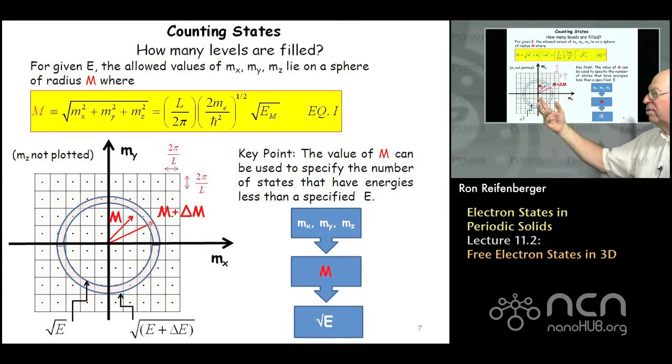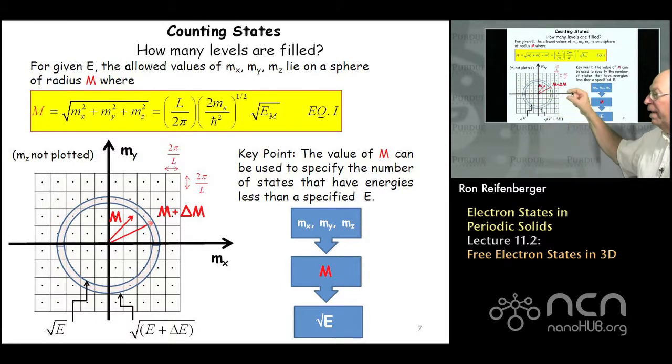I don't include the third axis m sub z because it starts to get very complicated. But in 2 dimensions, mx and my, each quantum state is indicated by a dot. There's a box around each dot. The dimensions of the box are given by 2 pi over L, and that's basically telling you the area in 2 dimensions that particular state requires.